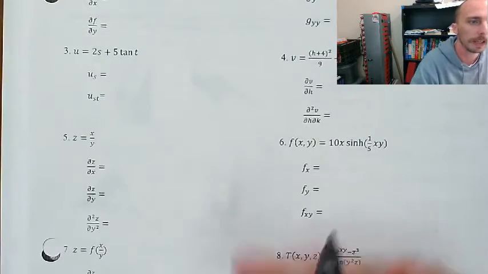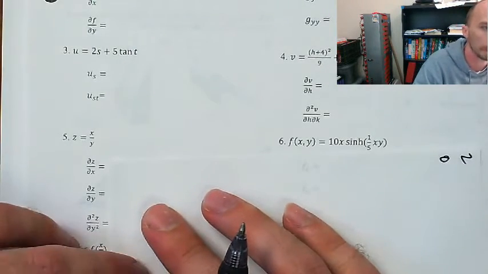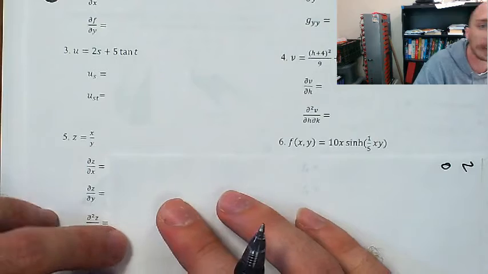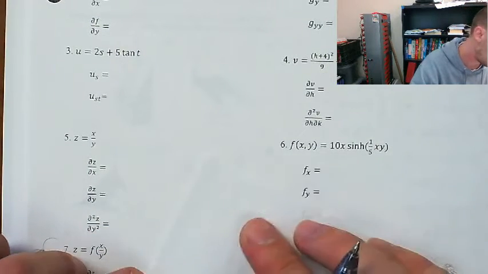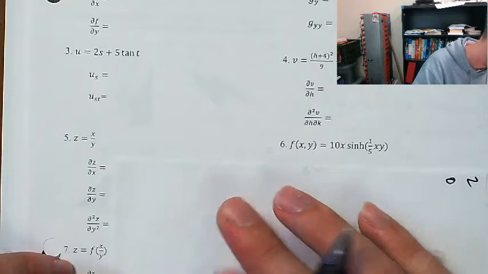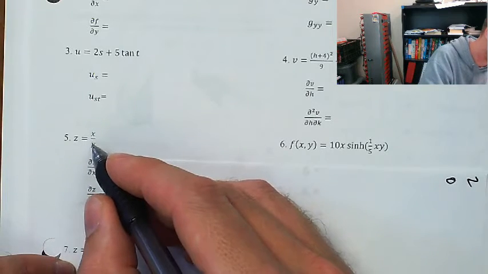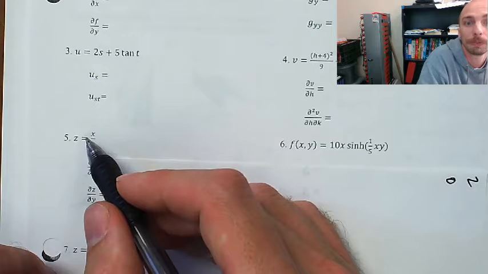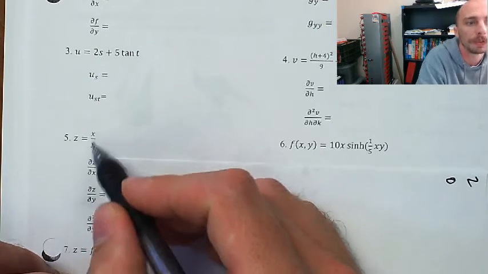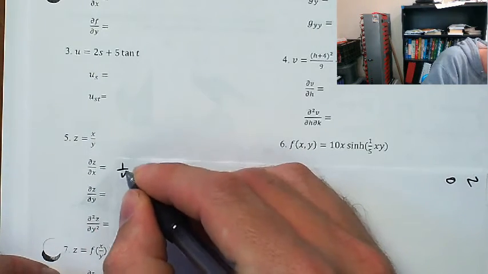Right, number 5, x divided by y. This one you might be best off considering as x times y to the negative 1. So dz/dx is just 1 over y times x. If it was 1 over y, it's a constant, like 5. If it was the derivative of 5x, it would be 5, so this is just going to be 1 over y.